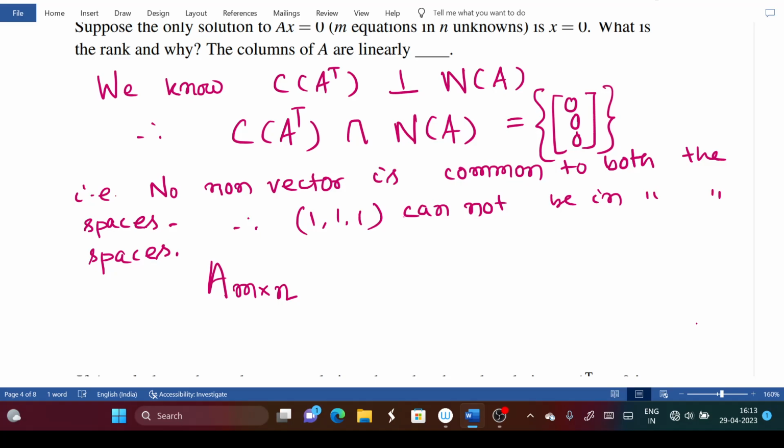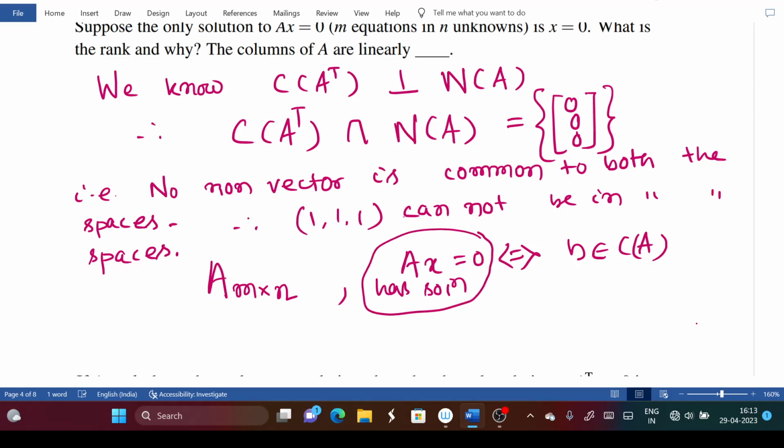So now Ax equal to B has a solution if and only if B belongs to C of A. It has a solution implies B belongs to C of A. B belongs to C of A means it has a solution.